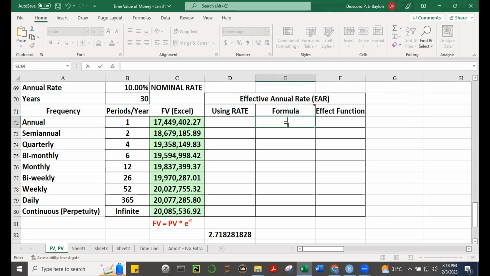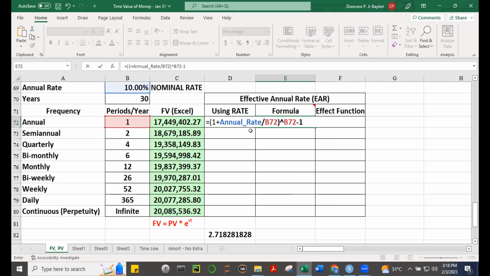So that will be equal to 1 plus the nominal rate, which is our annual rate, right? And then we divide this by the periods per year, which is this one. So annual rate divided by 1, that will still be the annual rate, and then raise it to the periods per year, and then -1.